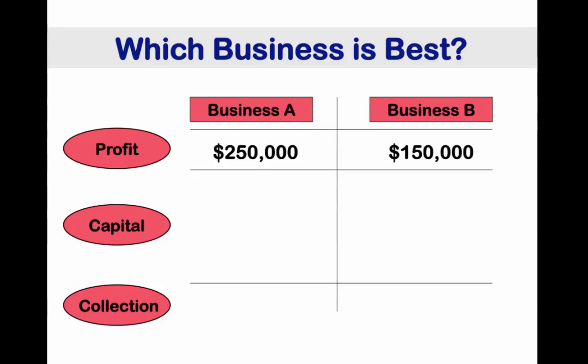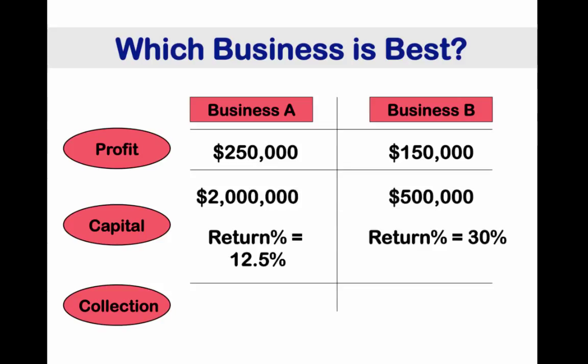All right, so now look at adding in a different aspect of the business, namely the amount of money that the owner has invested in the business. Business A has an investment from the owner of $2 million, which means that the return on equity of the money that the owner's put in is 12.5%.